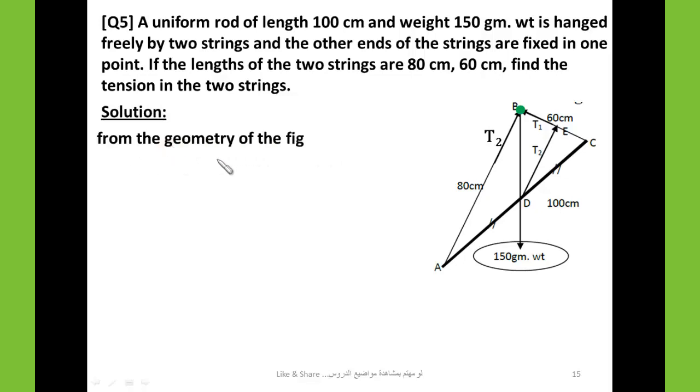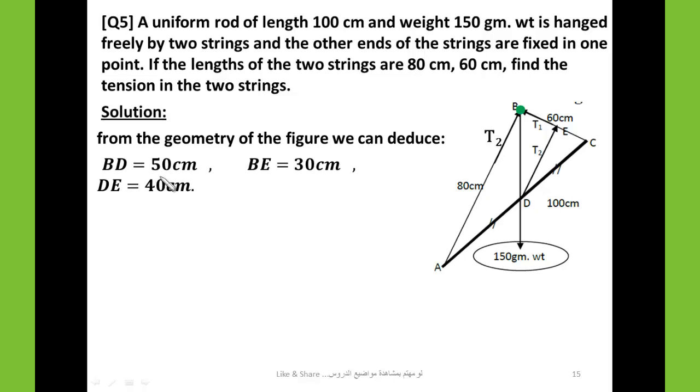From the geometry of the figure, BD equals 50 centimeters, BE equals 30, and DE equals 40 centimeters, and T1, T2, and the weight W are in the same cyclic order.